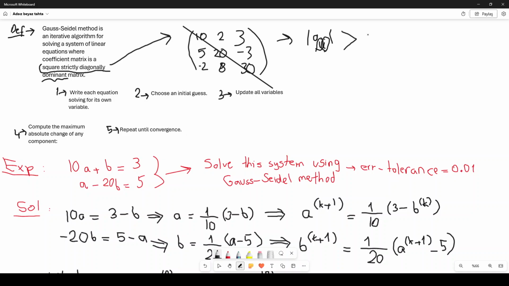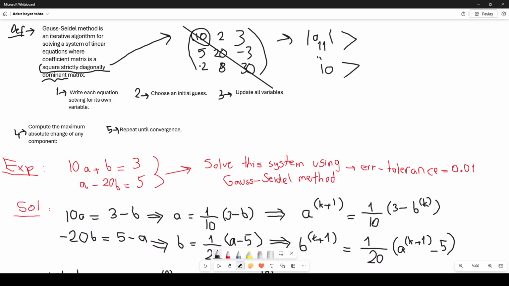In other words, for instance, let's say we have A11. The A11 entry is the entry right here that I just circled in black. So its value is equal to 10.